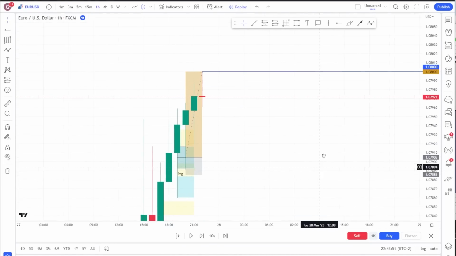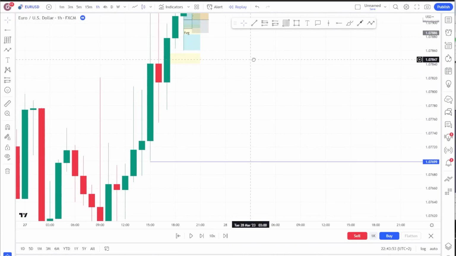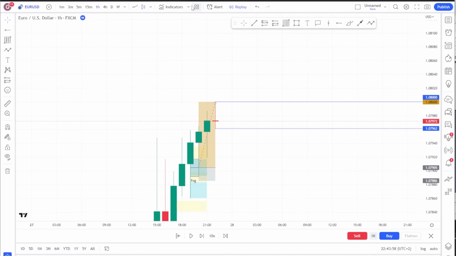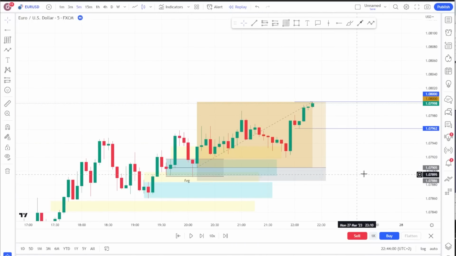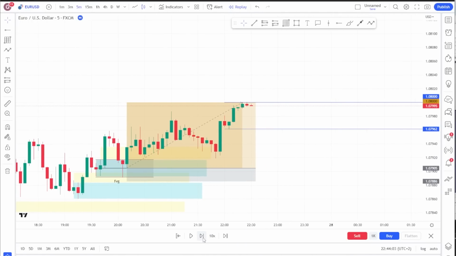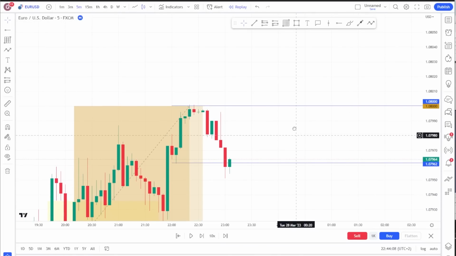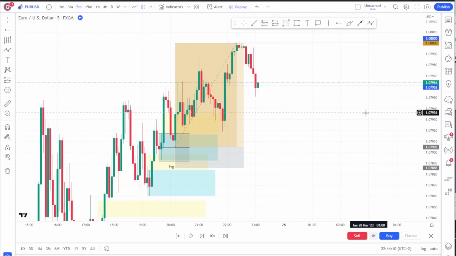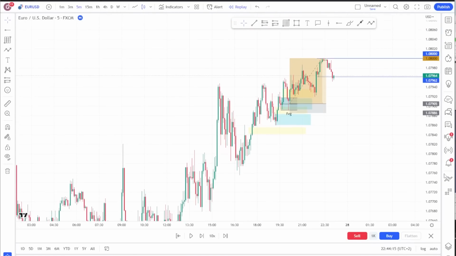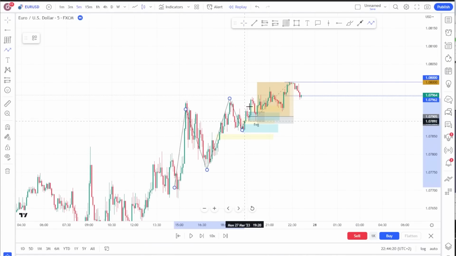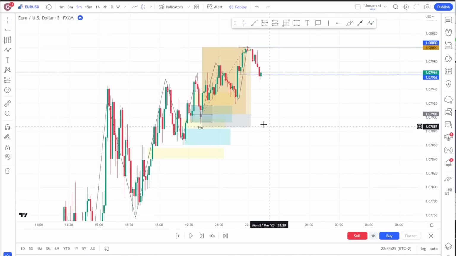So here is the most recent 1 hour. Let's move it. Okay, go on to the 5 minute. Let's wait for price to break. Okay, so here we've got price breaking to the downside. Now, in an uptrend like this, if you see price going like this, I would not recommend going for a sell.